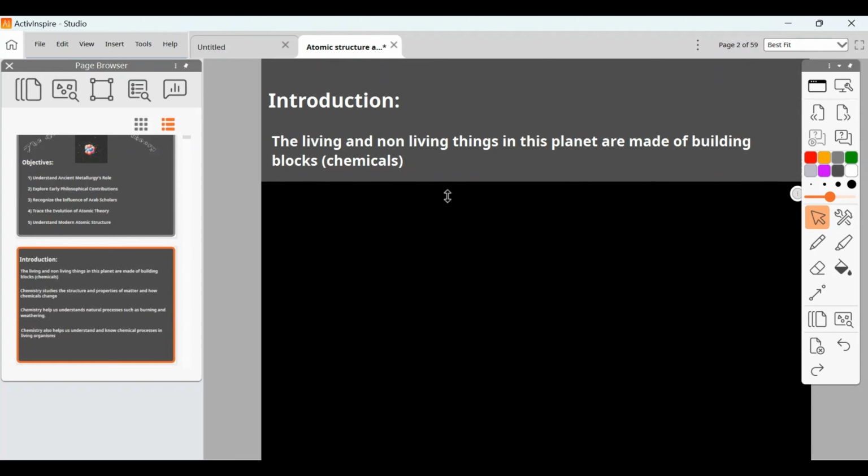Introduction. Living and non-living things in this world are made of building blocks. And these building blocks are chemicals.